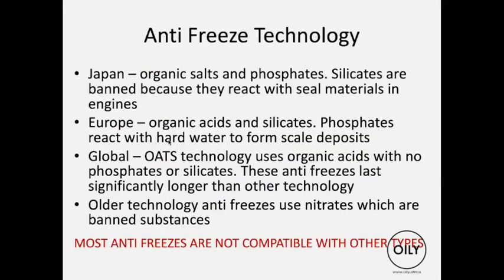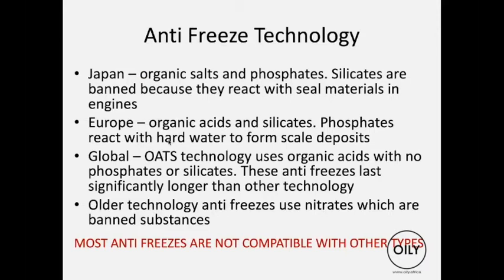Now, antifreeze technology in Japan typically uses organic salts and phosphates. Silicates are banned. The phosphates and silicates are the rust inhibitor additives that they put into the antifreeze to stop the rust from happening.